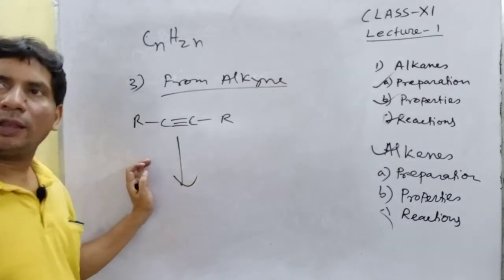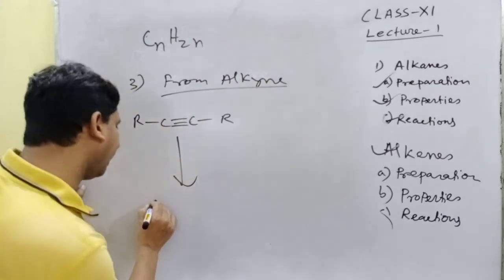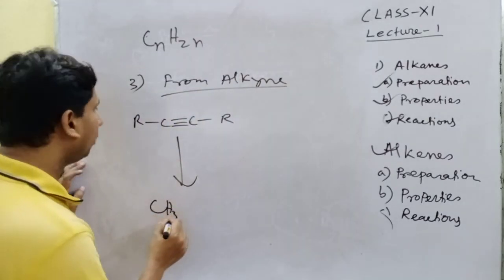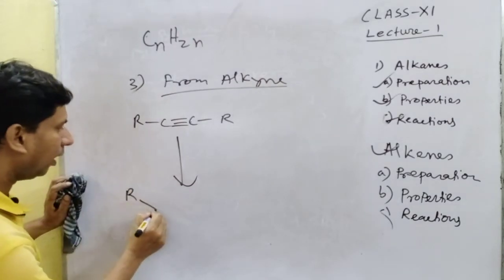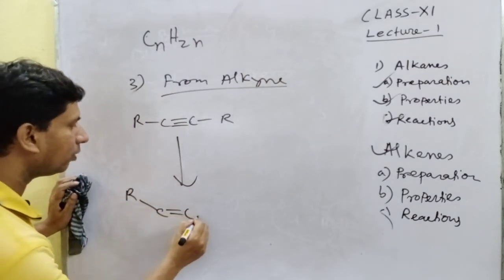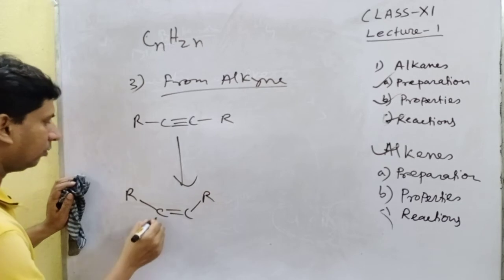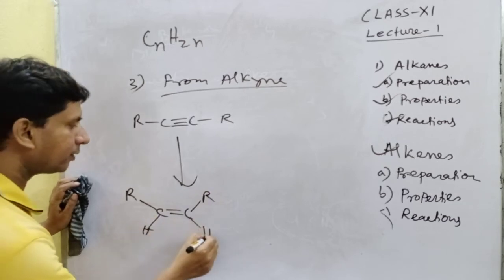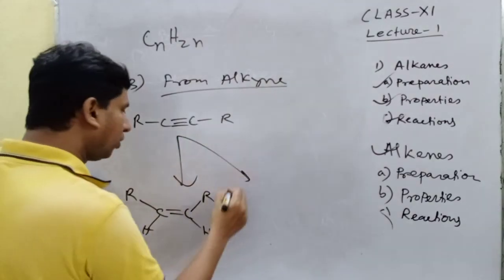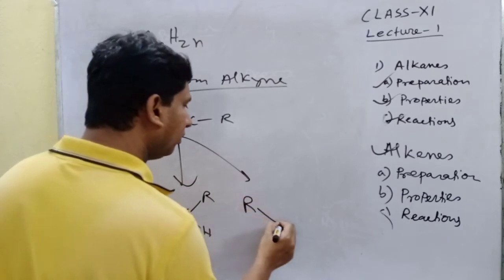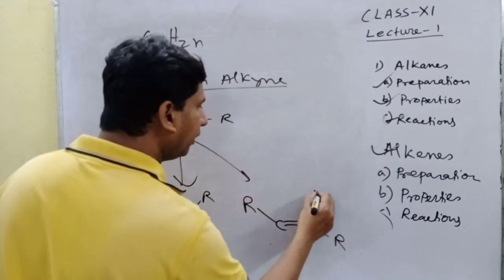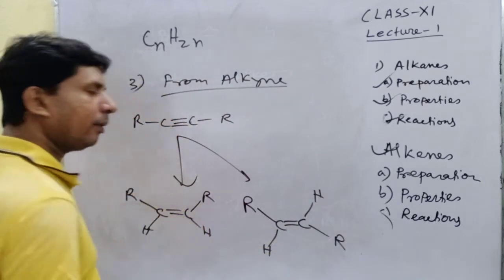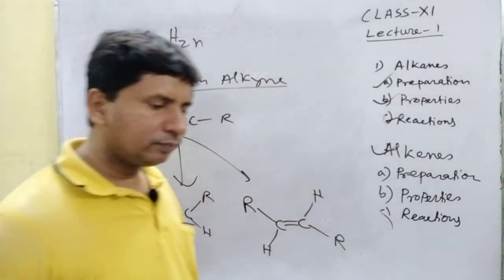From here, we can get this type of compound: R C double bond C R with H H, or we can also get R C double bond C R with H H on opposite sides. How?